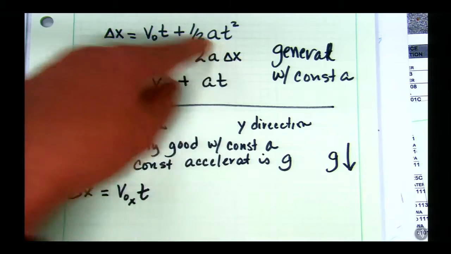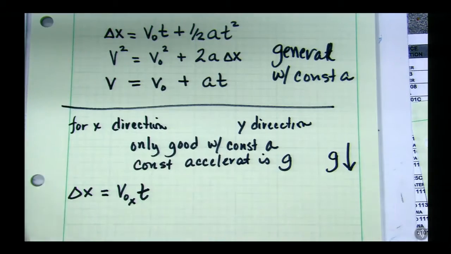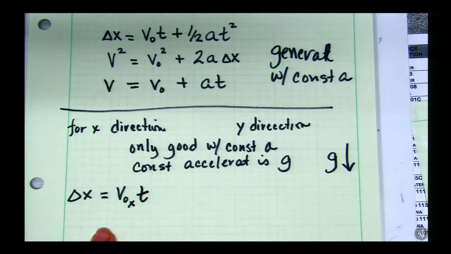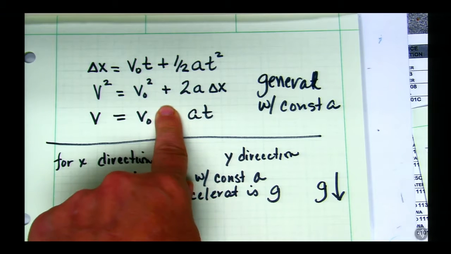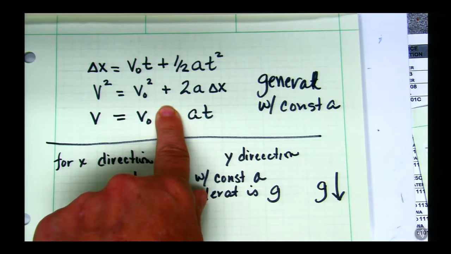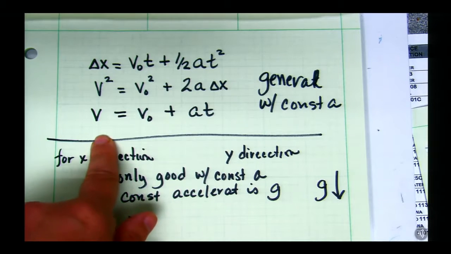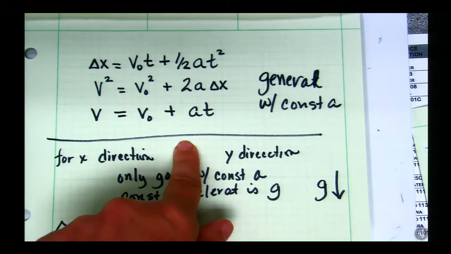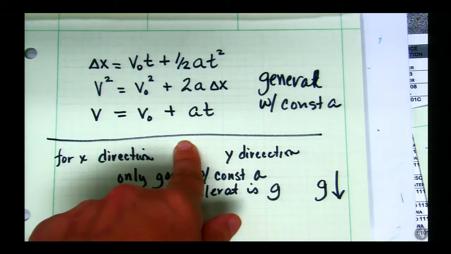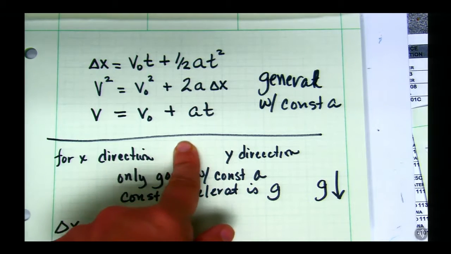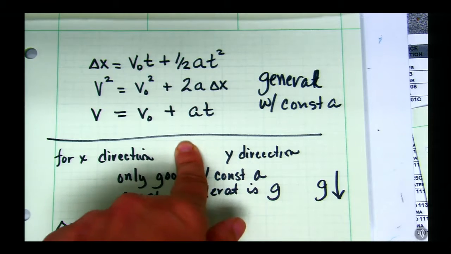That's the only equation I have in the x direction. Because the other one is just saying that my final velocity squared is equal to my initial velocity squared in the x direction. My final velocity in the x direction is equal to my initial velocity in the x direction. I don't have any acceleration in the x direction, so I'm not going to get a change.